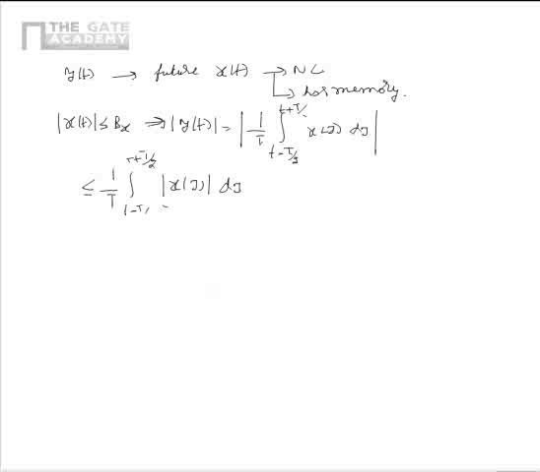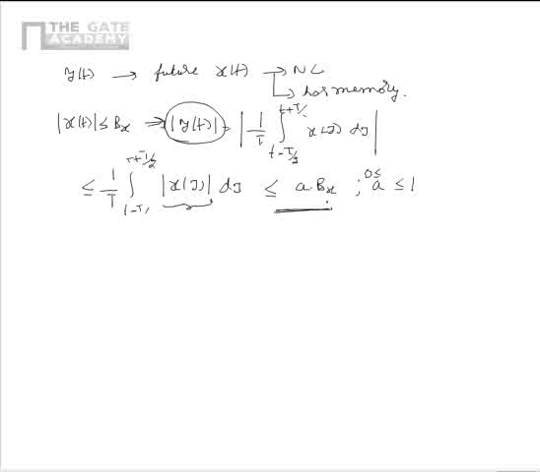We know that as the input is bounded, mod of x of t is less than or equal to bx. From this, we can show that mod of y of t is less than or equal to a times bx, where a is less than or equal to 1, or rather say 0 less than or equal to a less than or equal to 1. So from this, we see that the output mod y of t is less than or equal to by.